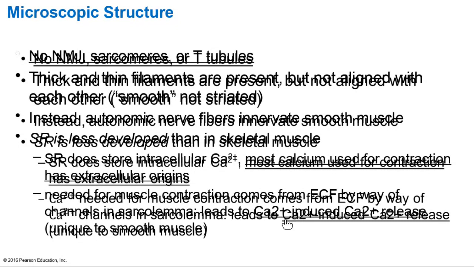In smooth muscle you have a similar deal, where voltage-gated calcium channels on the SR open and calcium comes out. But instead of sodium being the ion that triggers that process, it's going to be calcium. So with smooth muscle, instead of sodium influx, we have calcium influx.